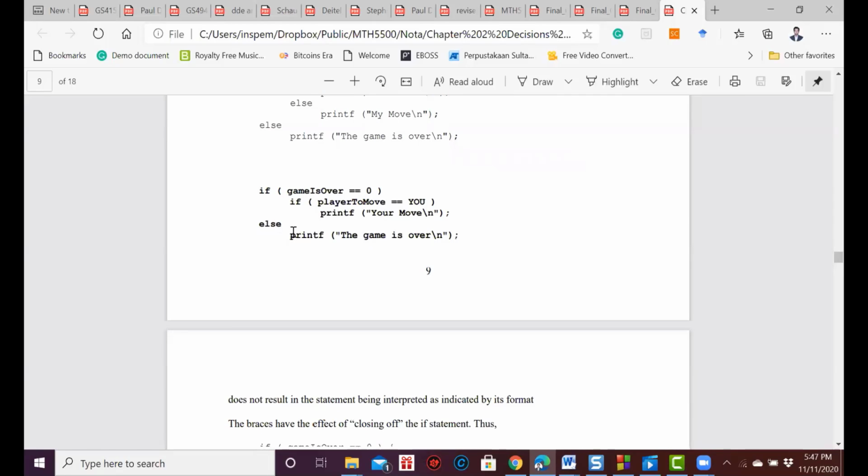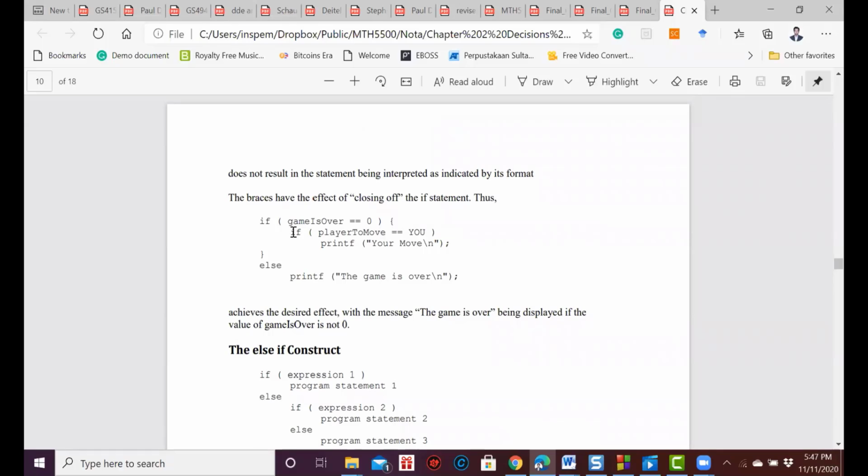Look here. The brace has the effect of closing the if statement. If you want to make the logic clear, the usage of curly brackets is important. With or without curly brackets gives a different logic.